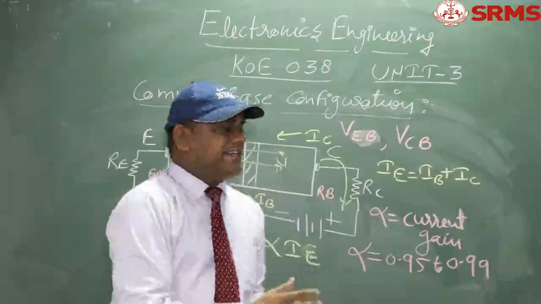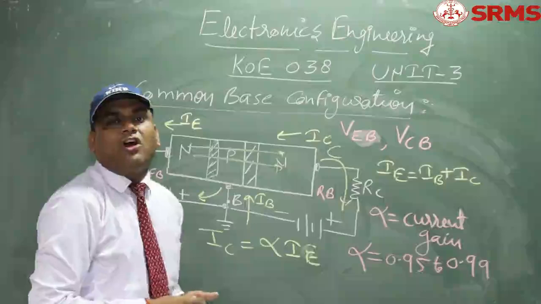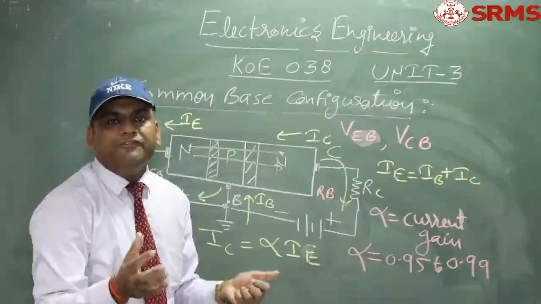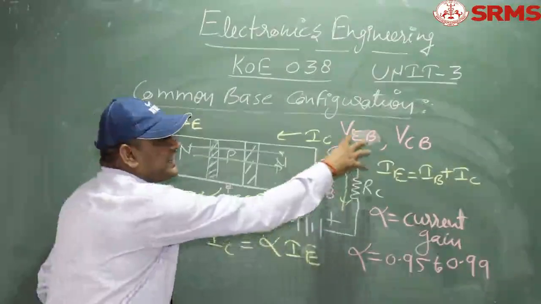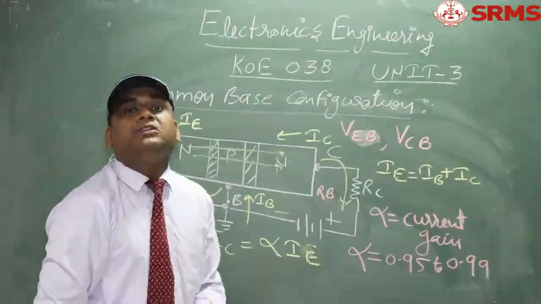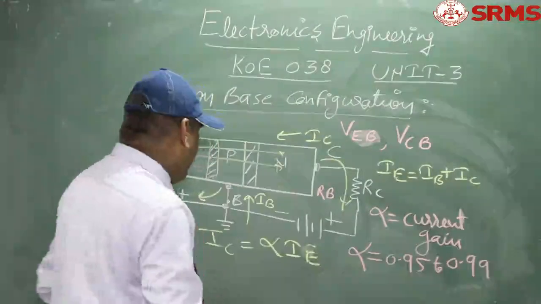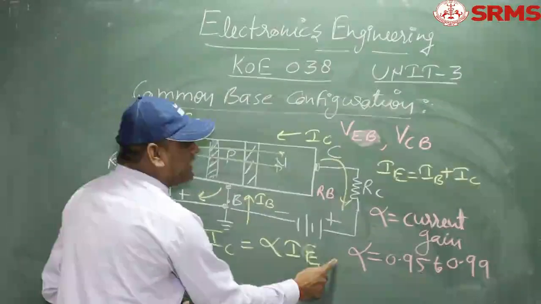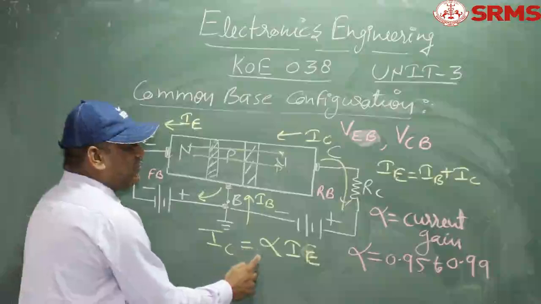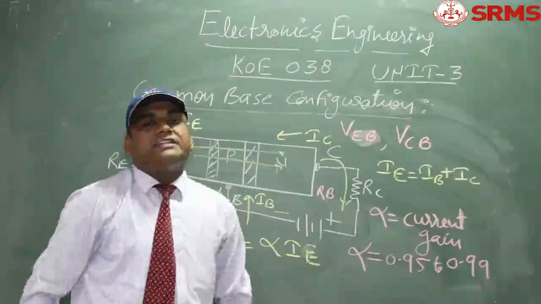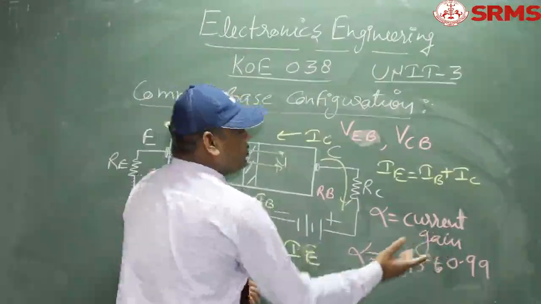But if you increase the thickness of the base, there is more recombination of electrons and holes, so the value of alpha is going to decrease. The number of electrons transferred to the collector terminal decreases, and IC also decreases. So IC is equal to alpha times IE as far as the active region is concerned, and this alpha is very close to 1.